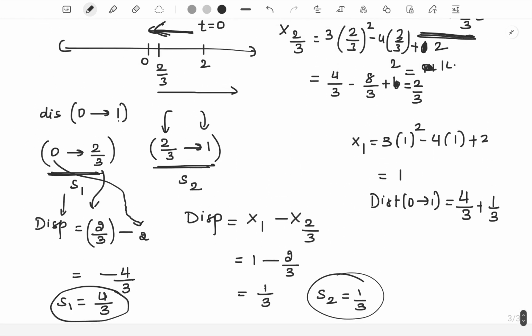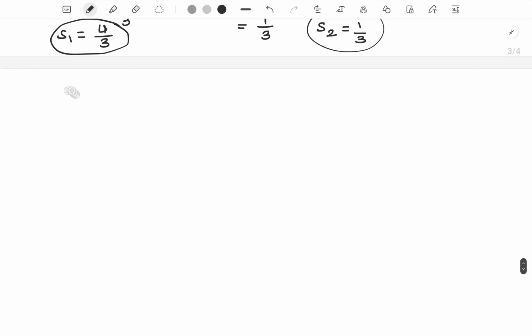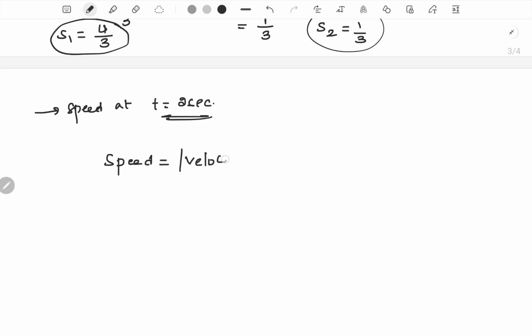Now let's do one more simple problem here. Let's say they asked us to find speed at some instant, let's say t is equal to 2 seconds. One small fact: the speed at any instant of time will be nothing but the magnitude of velocity at that particular instant.